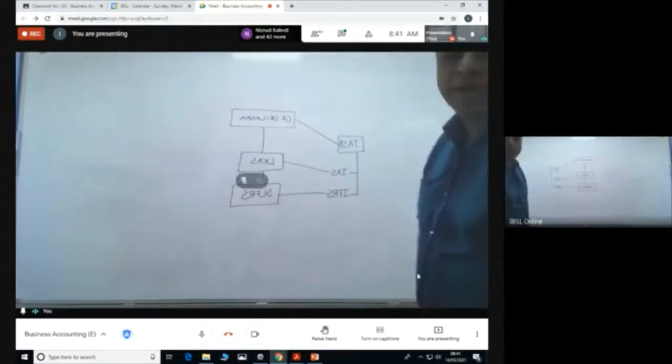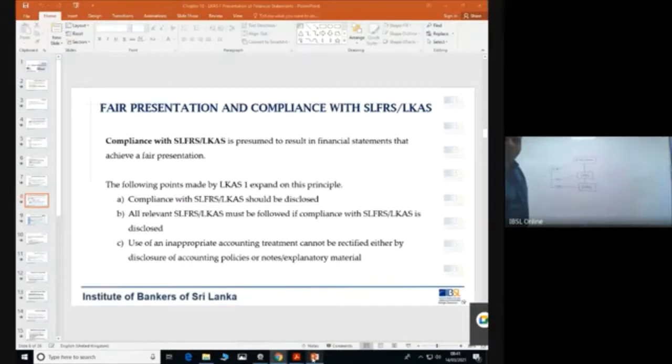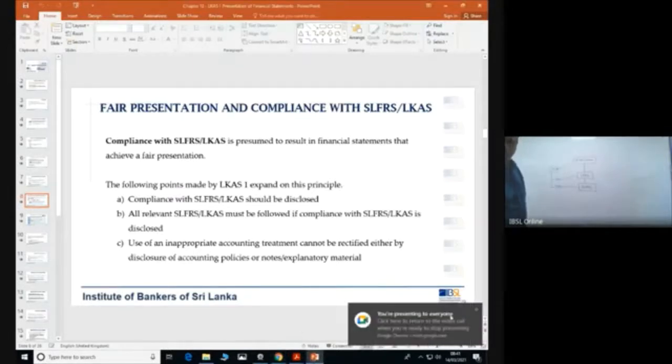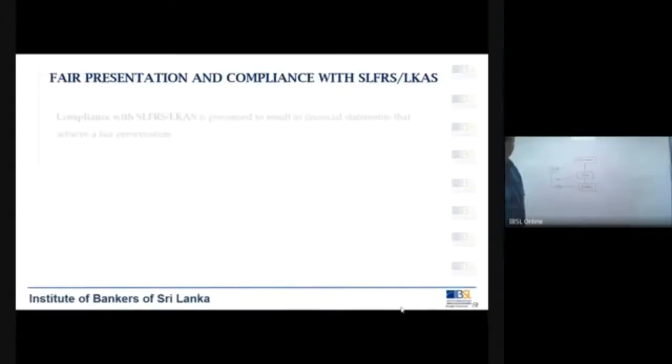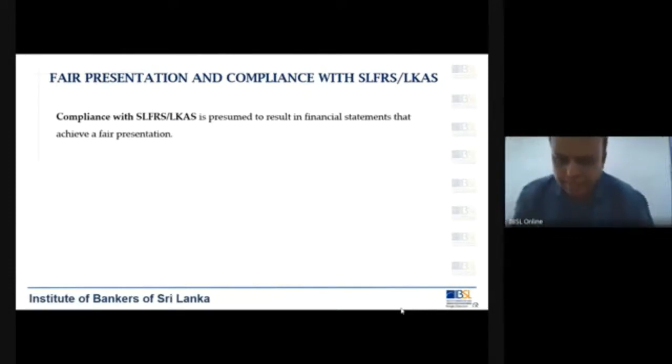So what we were trying to understand here is that you have to comply with all the SLFRSs and the LKASs in your financial statements. This is very, very important. It doesn't mean that you need to comply with all the accounting standards on earth.